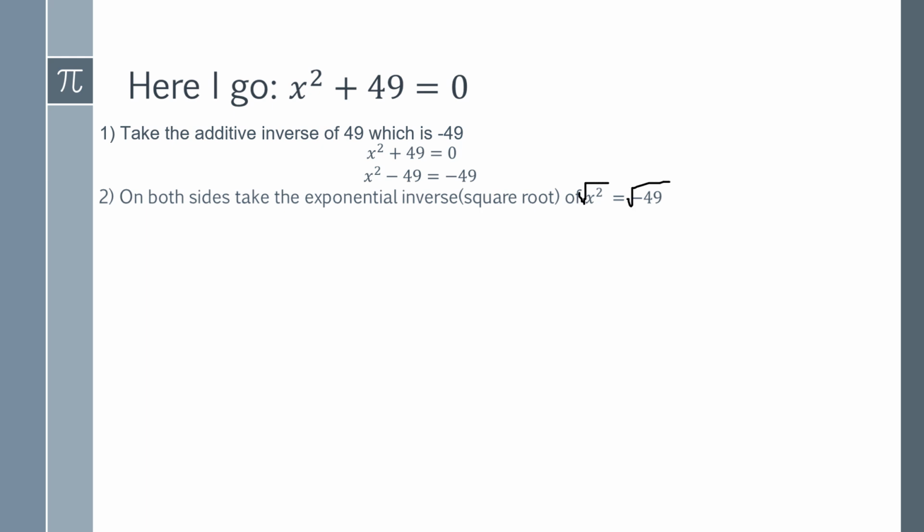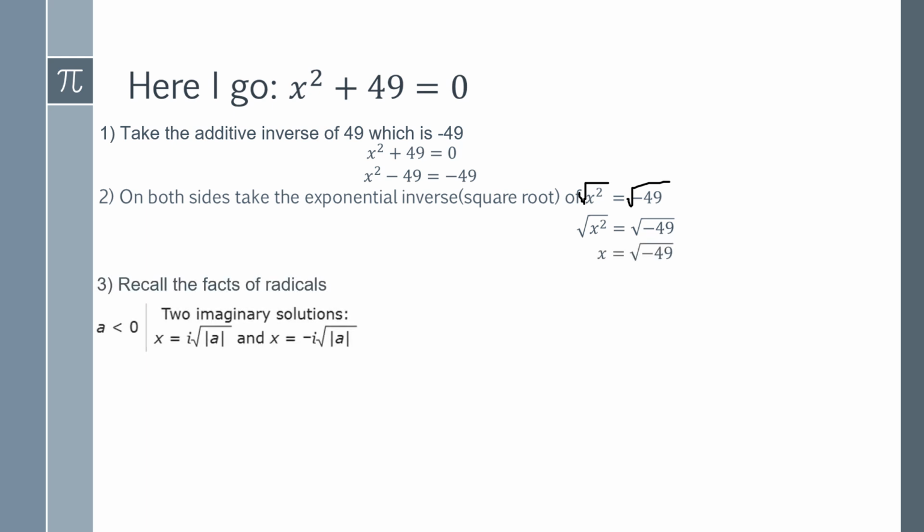I got a negative square root, right? But we know the square root of 49 is 7, correct? But it's negative, which we are not allowed to have because it's imaginary. So that means it's going to be plus or minus 7i.